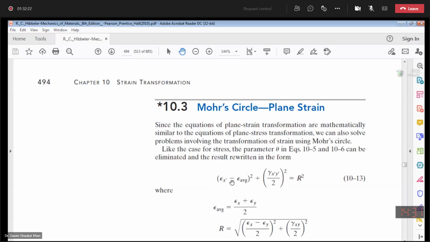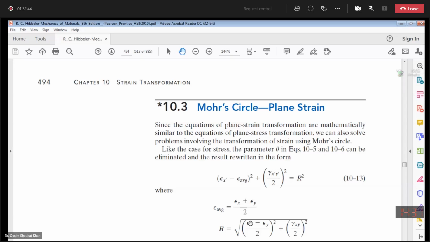Epsilon average is (epsilon x plus epsilon y) over 2, and r is basically the square root of ((epsilon x minus epsilon y) over 2) square plus (gamma xy over 2) square.